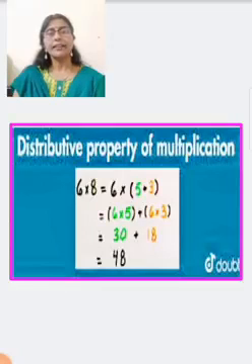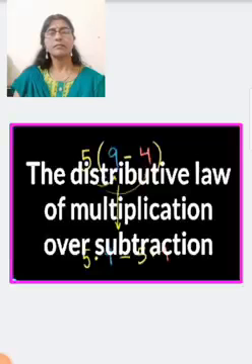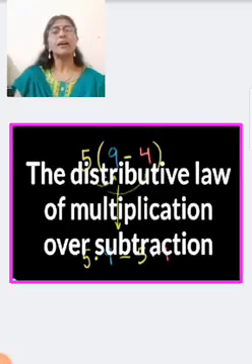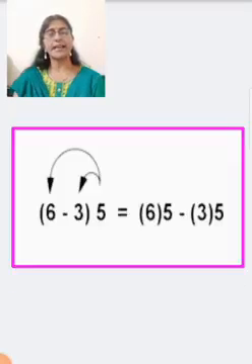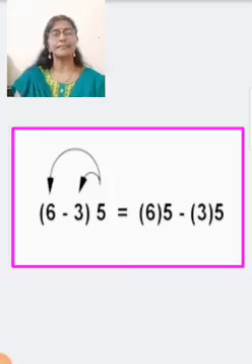Now the next part of this law is distributive law of multiplication over subtraction. Now in this, let us see an example. You will understand better. 6 minus 3 is inside the bracket and 5 is outside.